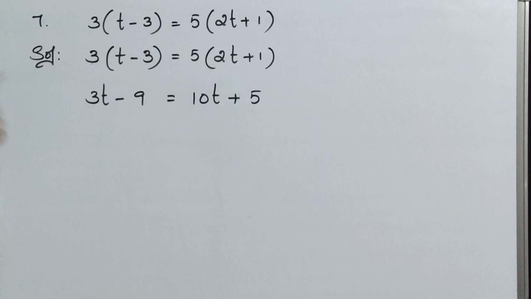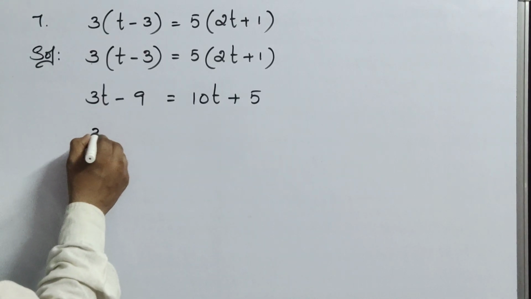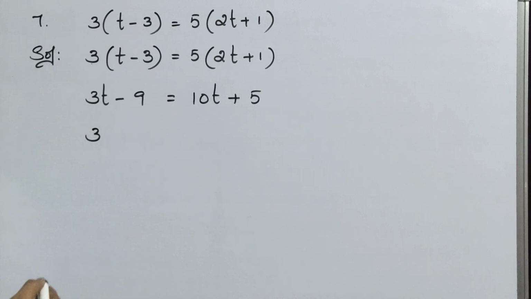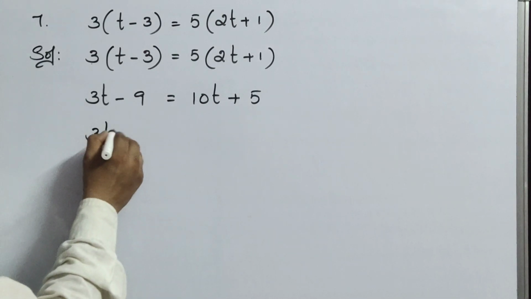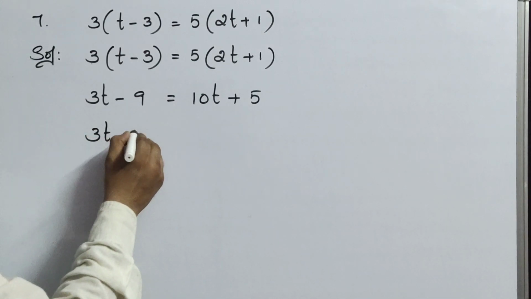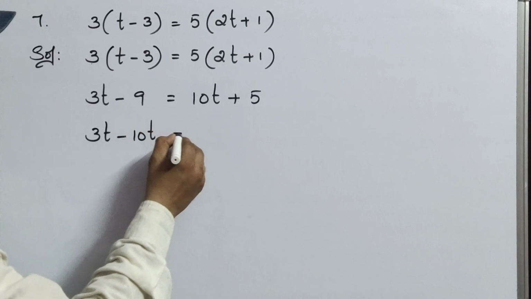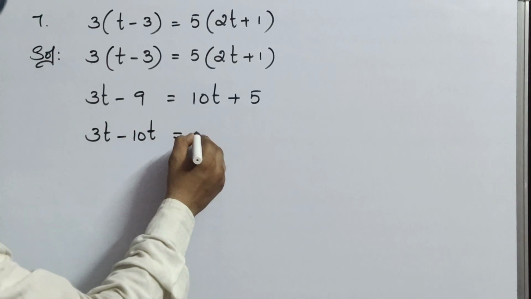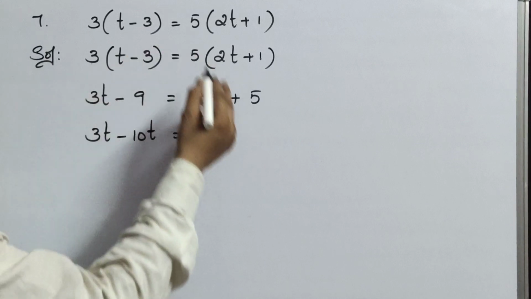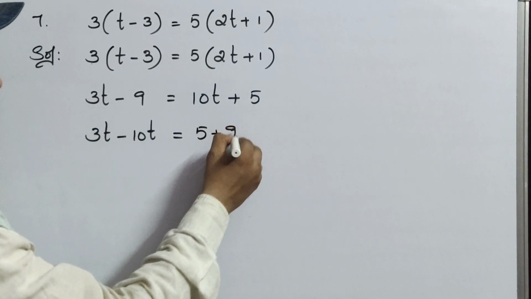So now you just simplified it. Now we have to find what? T value. Now what you have to do? Bring all the t's to left hand side. 3t plus 10t will become minus 10t equals 5 minus 9 will go that side means plus 9.